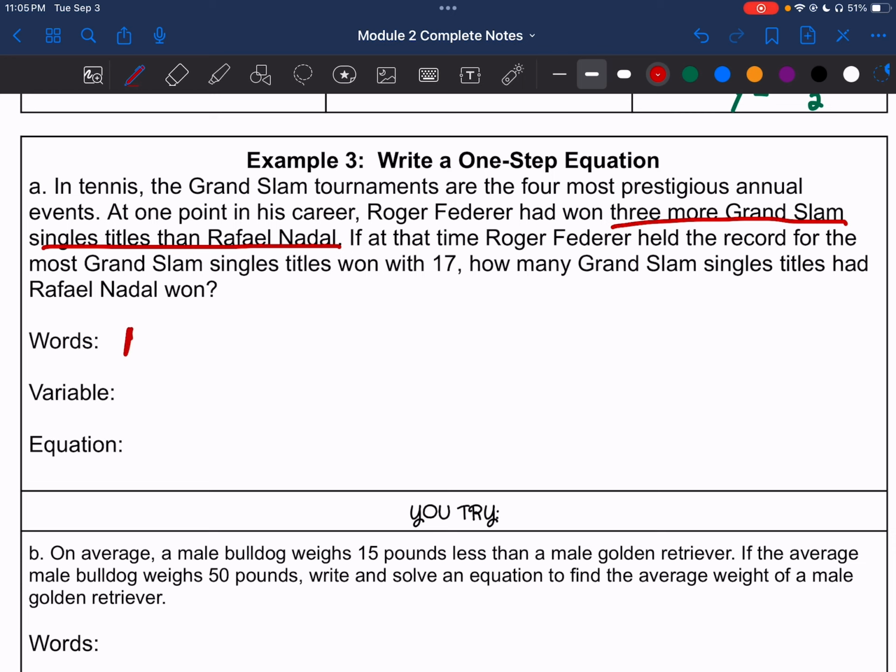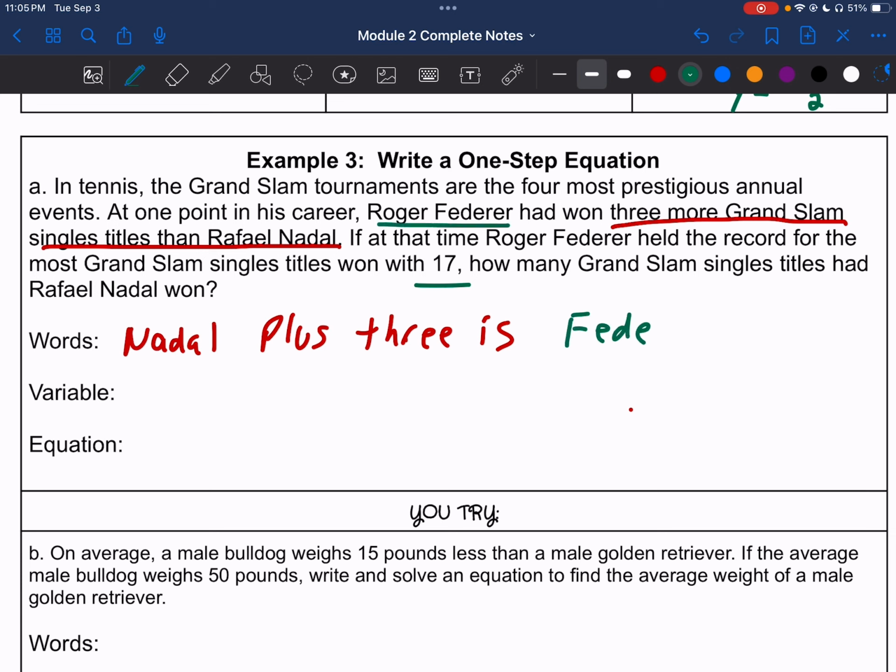So we start off with Nadal plus 3 titles is, well, what's our total? Our total is 17, or, well, it is what Federer has. And we already know that this is going to be 17.